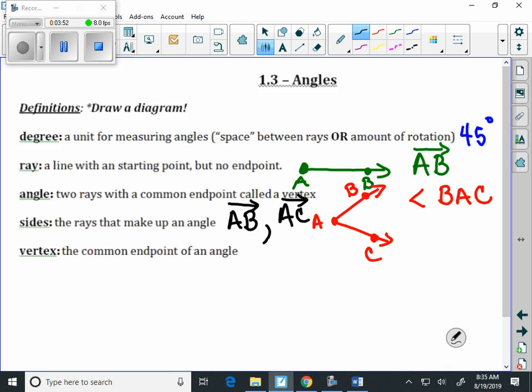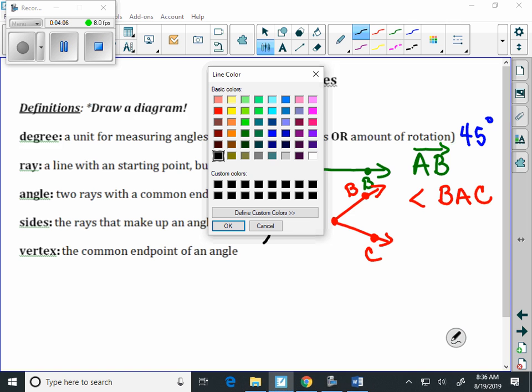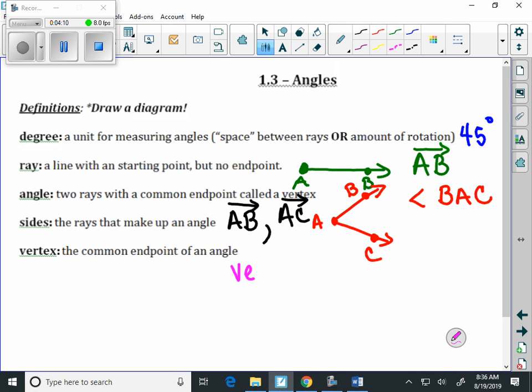We continue on forever through B or through C, but the starting point is A. And then again, the vertex of the angle is A. It's the common endpoint of the angle. Again, when we write angle, it needs to be in the middle.